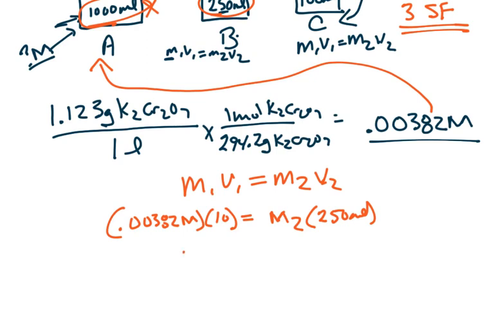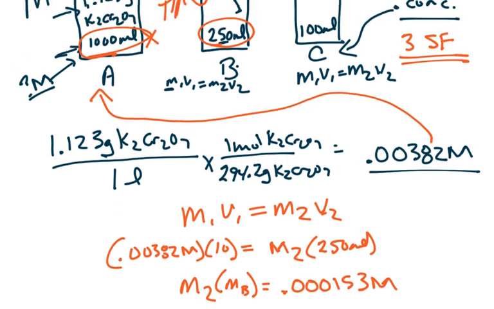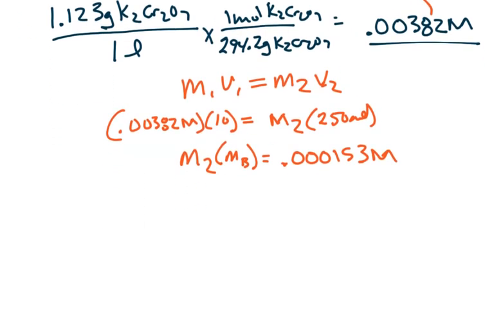Okay, so M2, which is M of B, equals 0.000153 molar. Okay, so now we do this one more time. M1V1 equals M2V2.